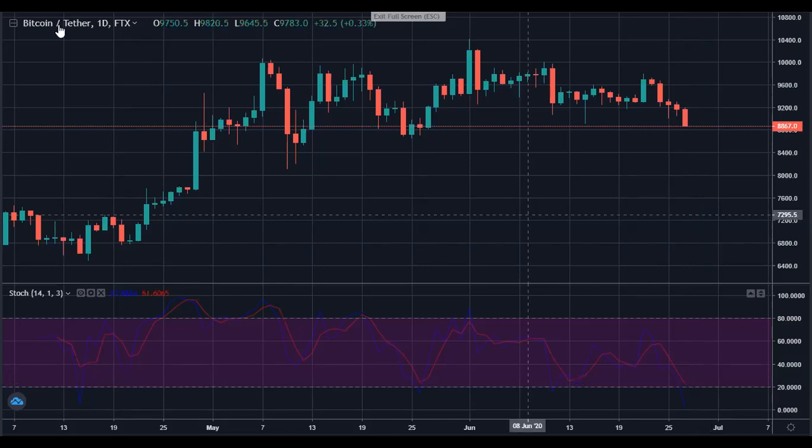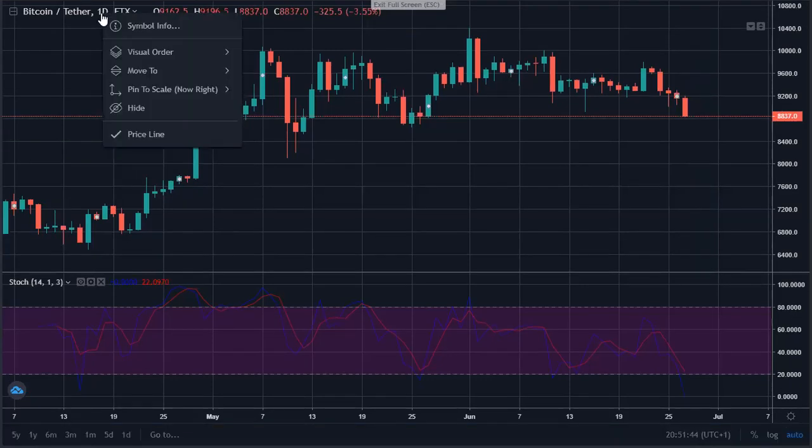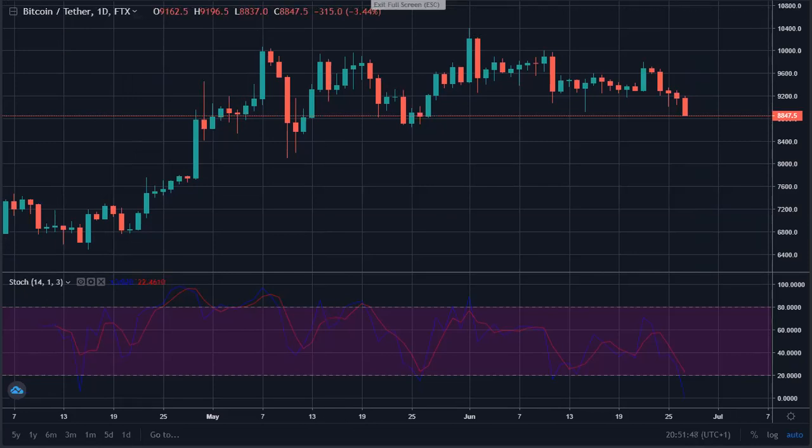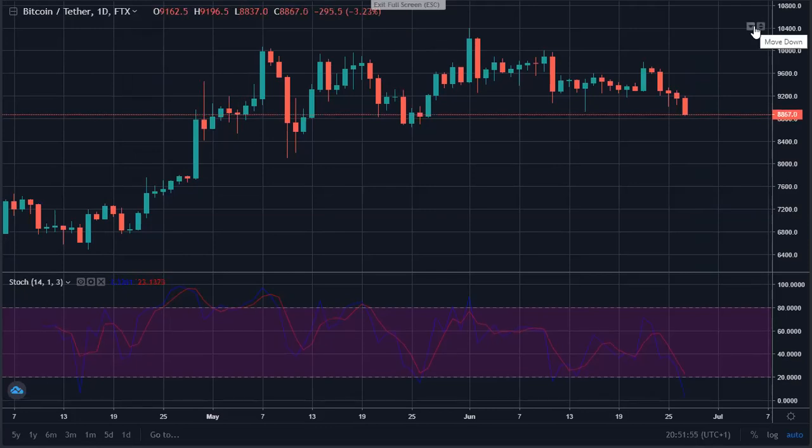Okay, and if we can switch to a lower time frame, let me check what the lower time frame is showing. I want to exit the full screen of this.